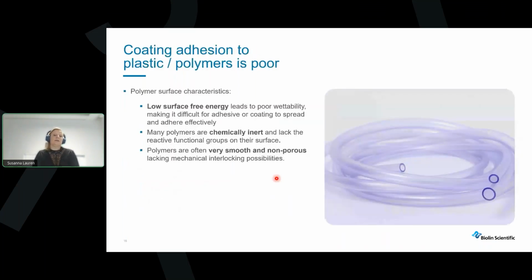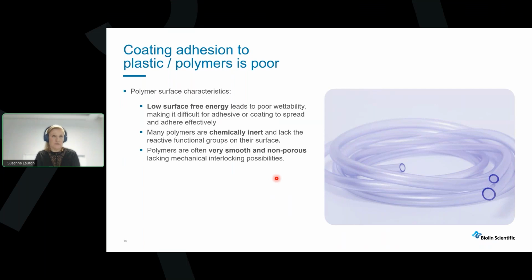Now, one of the most typical use cases of plasma treatment, and of using the water contact angle to evaluate the plasma treatment, is on polymer surfaces. This is because coating adhesion to plastics and polymers is typically quite poor.